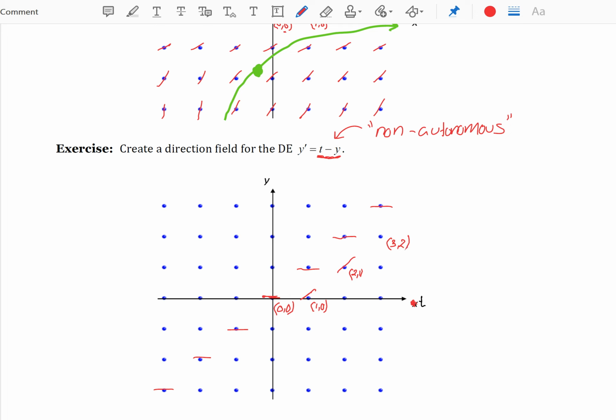If T is 3, Y is 2, your slope is still 1. And I could continue on with all the other points in here, but I'm starting to recognize that anything along this slanted line is going to have a slope of 1. So again, if you imagine this point, 0, negative 1. T is 0, Y is negative 1. The slope would still be 1. 1, 1.